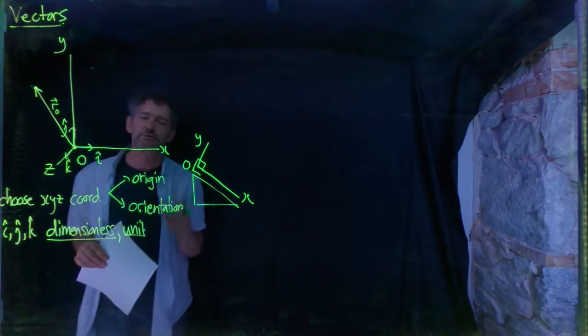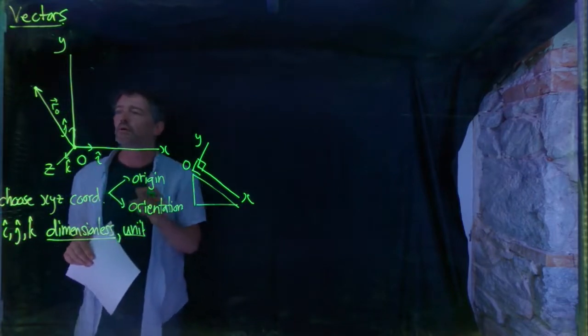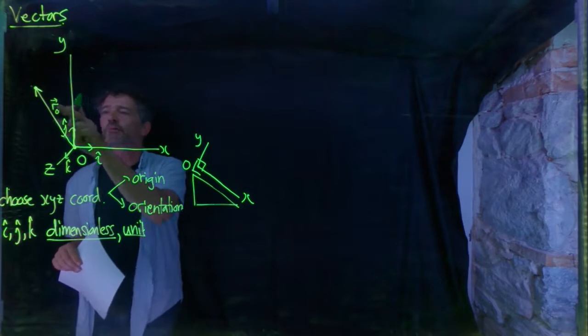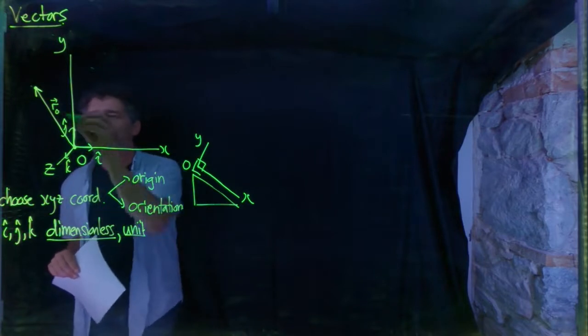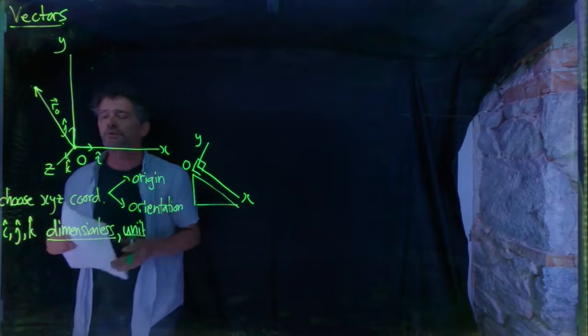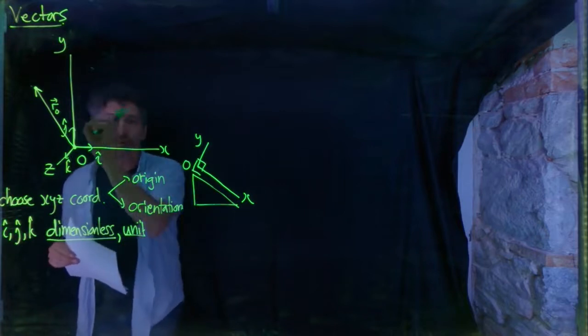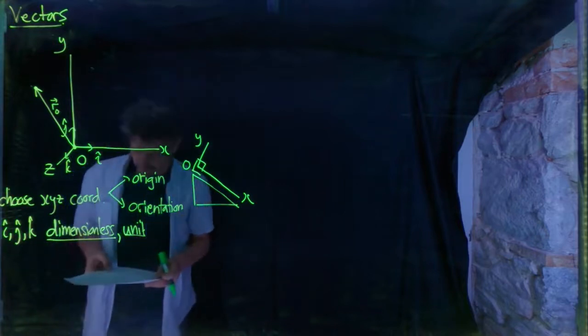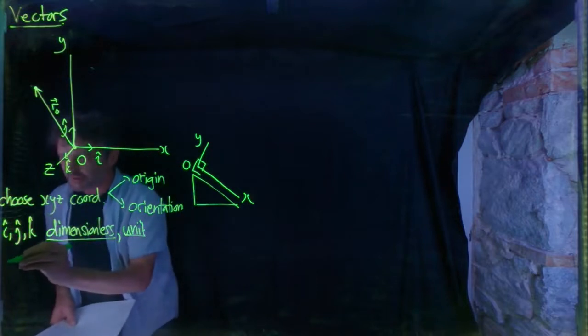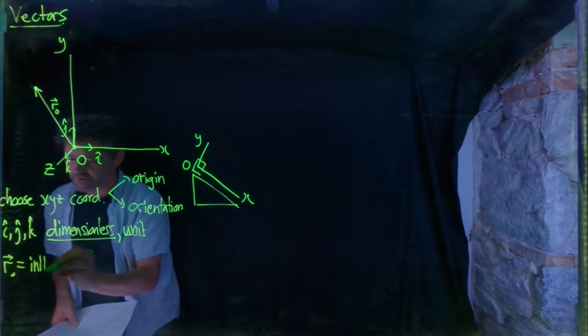So in physics, position vectors are almost always denoted by the letter r with a vector sticking on top. The subscript 0 indicates that, oh, it's the initial position. It could be r0 or r subscript i for initial position. Okay, so we'll say r0. This is equal to the initial position vector.